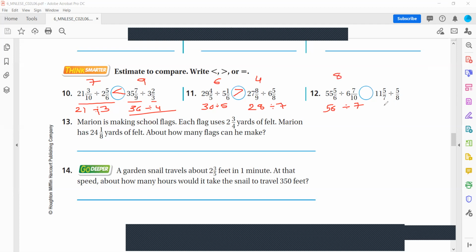And 11 divided by 5 over 8, what should I take? Something like something point. Maybe I'll take half. What is half of 11? Almost like 6.5. Actually, wait.